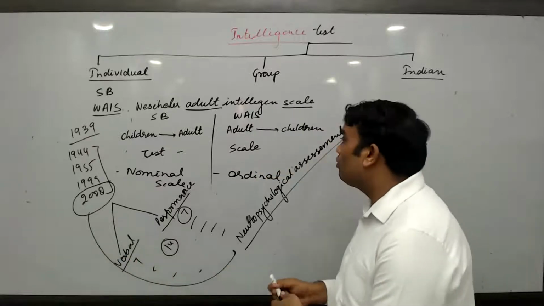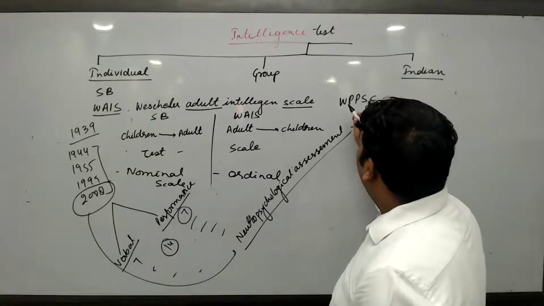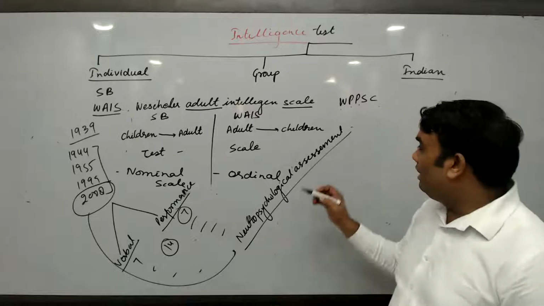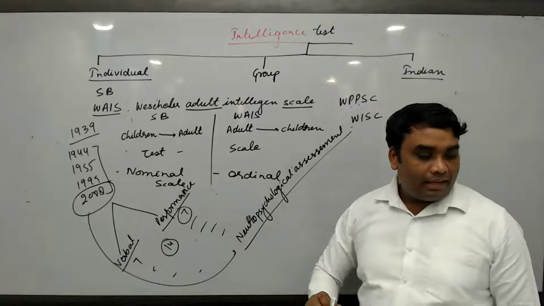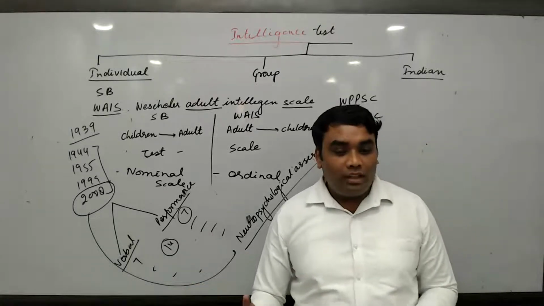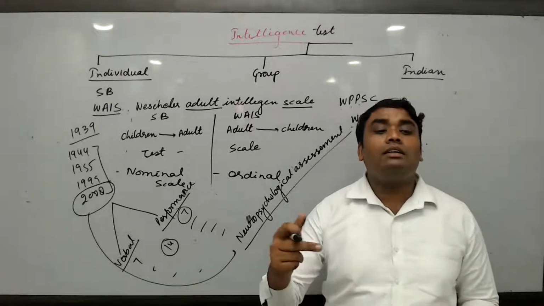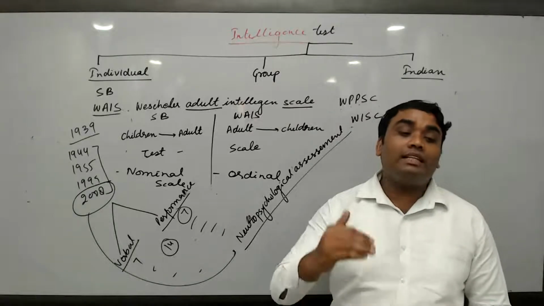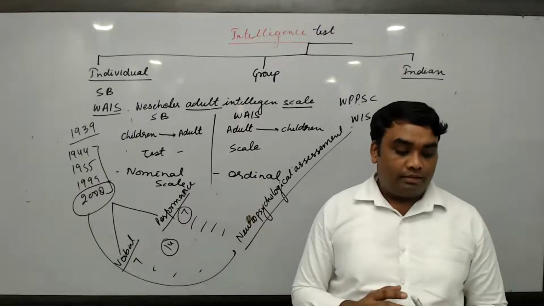There are other versions like WPPSI, the Wechsler Pre-Primary Scale for Children, and also WISC. All these were developed because it moved toward children.